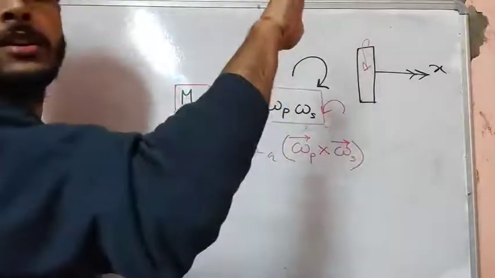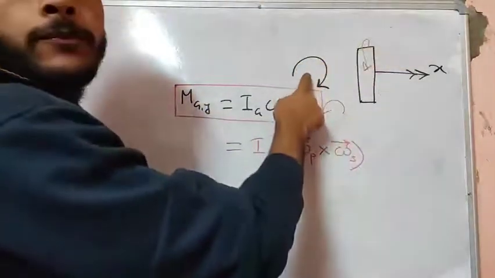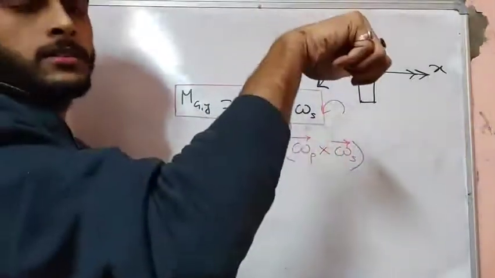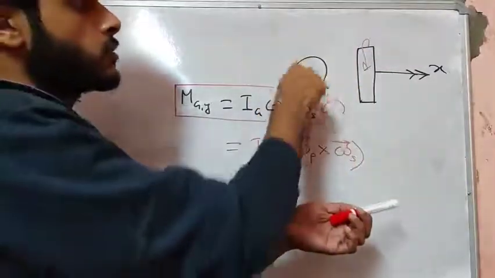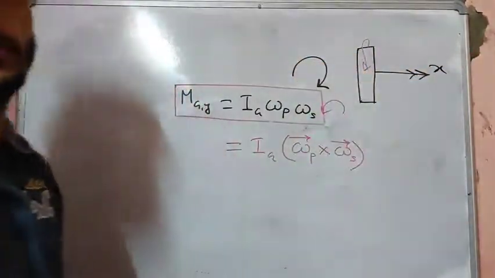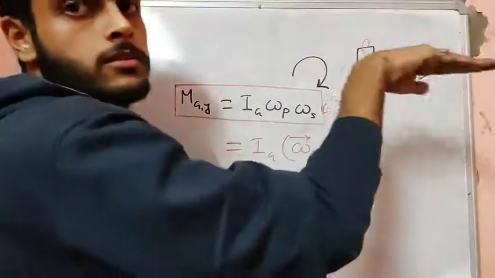So this is the direction of the gyroscopic couple, as you can see. This will be the direction of the external moment, which will cause this spinning disc to turn towards the board.